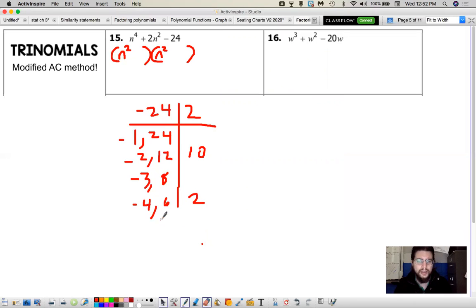Now, you take these and you put them over A and simplify. So negative 4 over 1 and 6 over 1. Simplify that. That's negative 4 over 1, keep it over 1, and 6 over 1. Here's what you do.